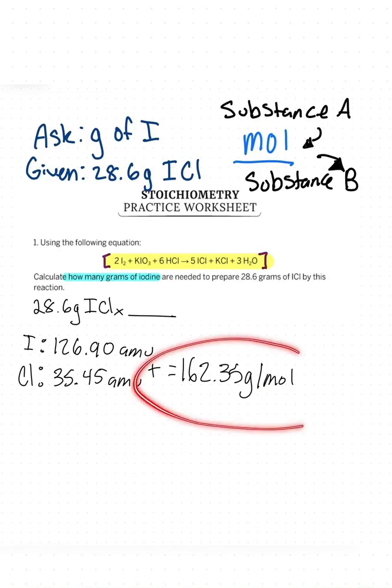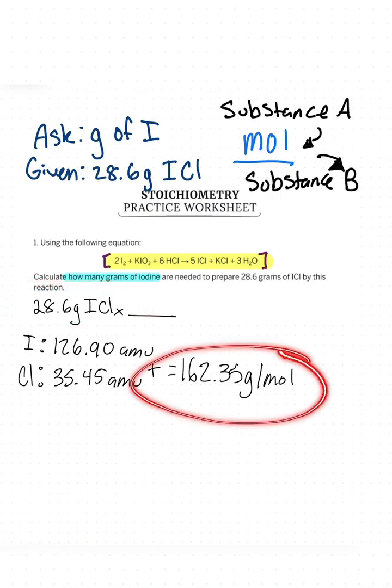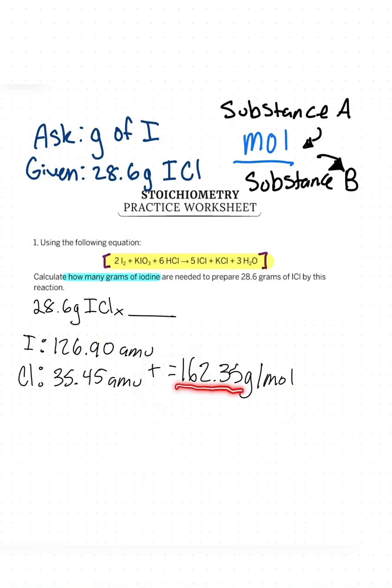Why is this in grams per mole? Because the periodic table measures elements in grams per mole. And I know that the only thing that can cancel out grams of ICl is its formula mass, because it would be 162.35 grams of ICl per 1 mole. Now, how do you write that down?